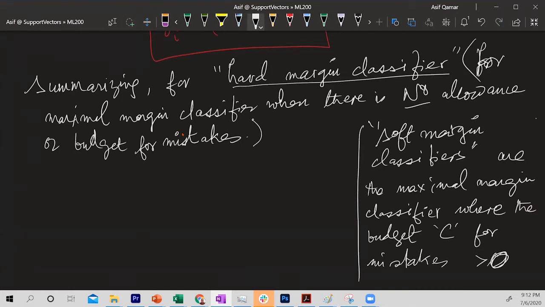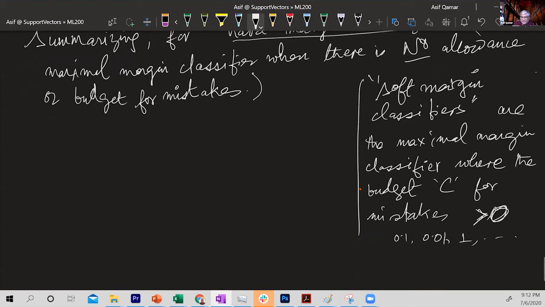It's not zero, it is some value that you set. Typically the values could be 0.1, 0.01, 1, and so forth, typically in powers of 10.